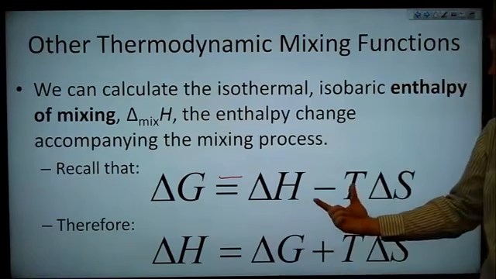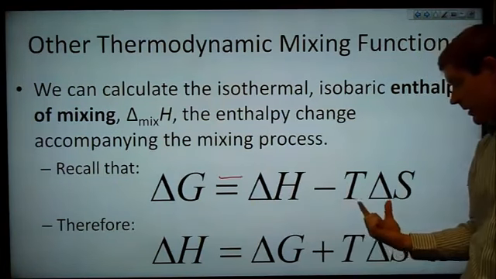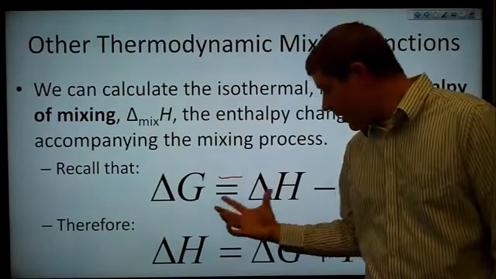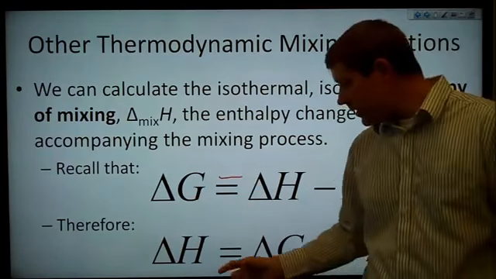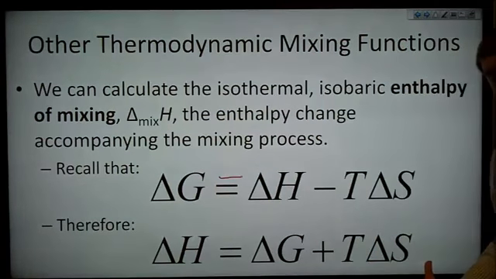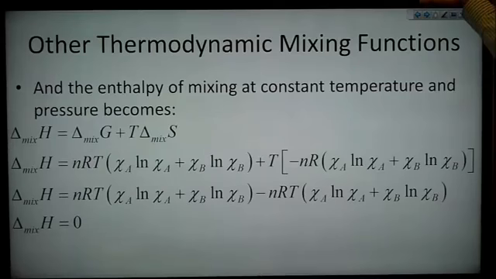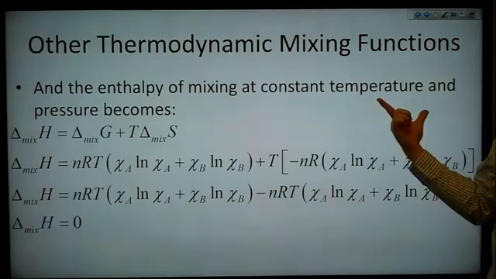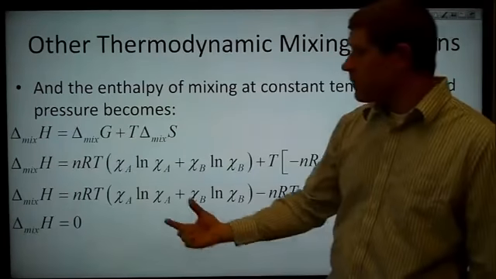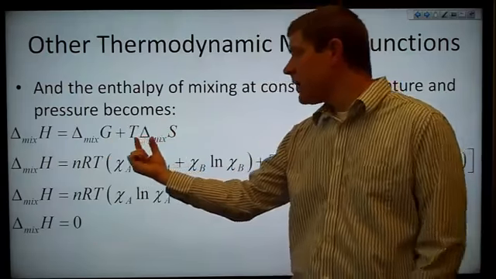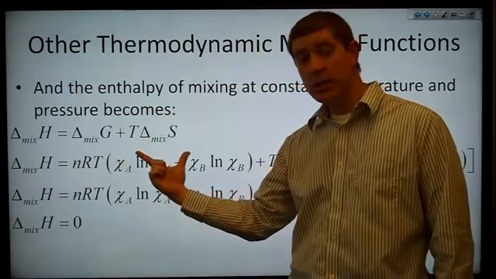Delta G is defined as delta H minus T delta S. And so we can rearrange this, get H on the other side, and so delta H is equal to delta G plus T delta S. And this then means that the enthalpy of mixing at constant temperature and pressure is equal to the Gibbs energy of mixing plus the temperature times the entropy of mixing.